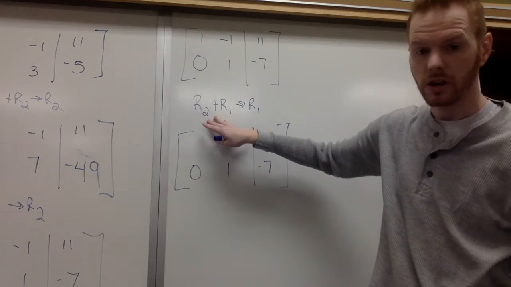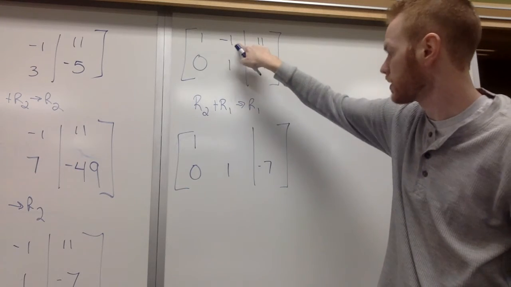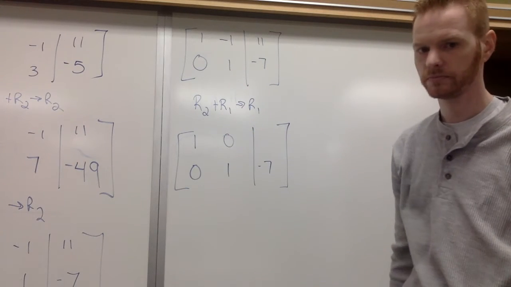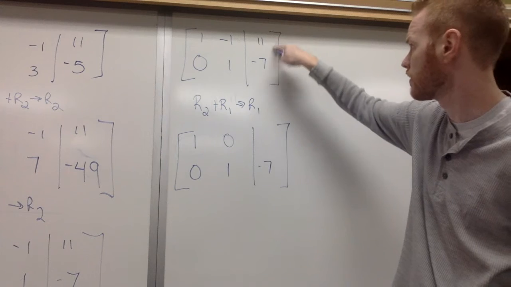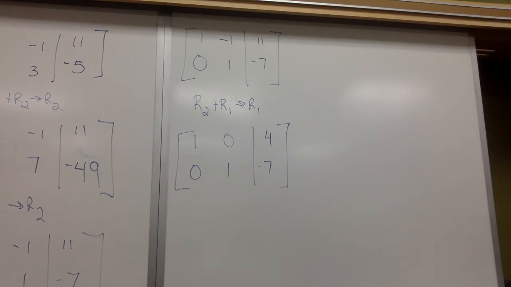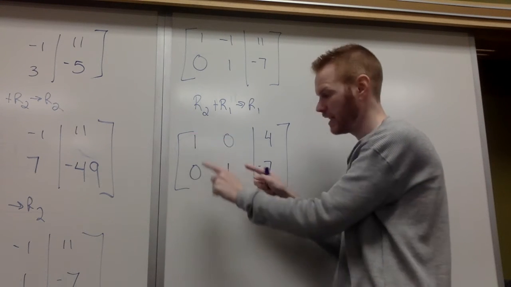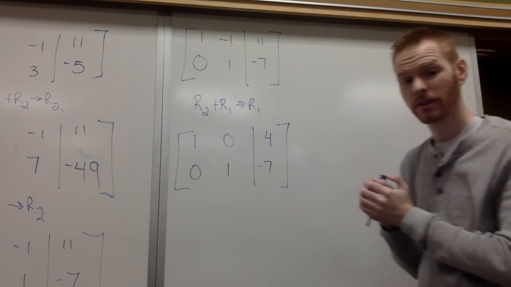Now let's actually do the operation. 0 plus 1 is 1. 1 plus -1 is 0. And then -7 plus 11 gives me 4. Okay, now this is the goal. 1s are in the diagonal, 0s are everywhere else.